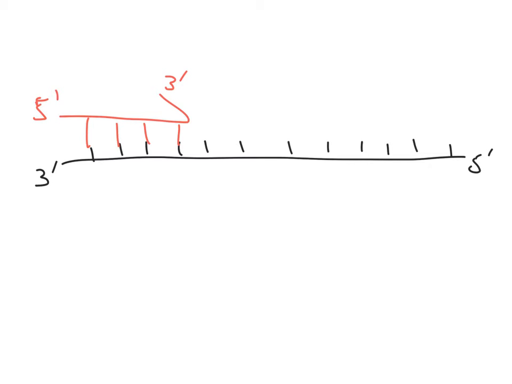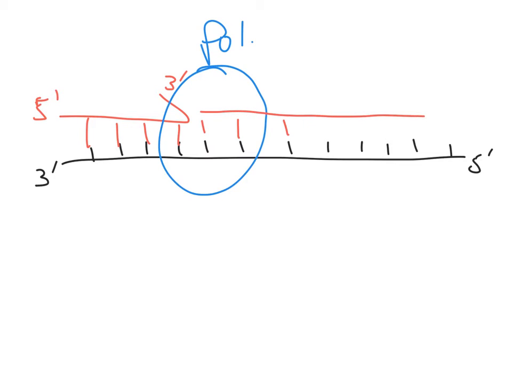So polymerase, the enzyme, comes in and starts adding new nucleotides from left to right and keeps extending in this direction. So that primer is always the 5' end of the newly synthesized strand. It doesn't get degraded, it doesn't go away. It just becomes incorporated into the new molecule of DNA that gets synthesized in every step.